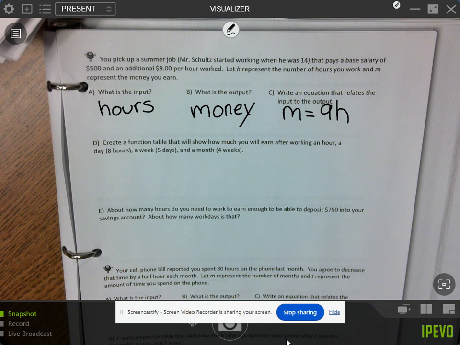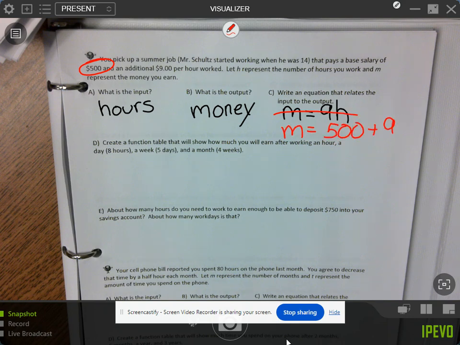Because you have to add the $500. We can't forget we have a base of $500. You always start with $500. Kyle, how would we put that into our equation? Yeah, because we are always starting with $500.